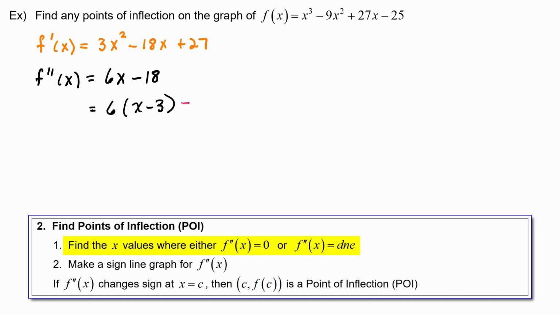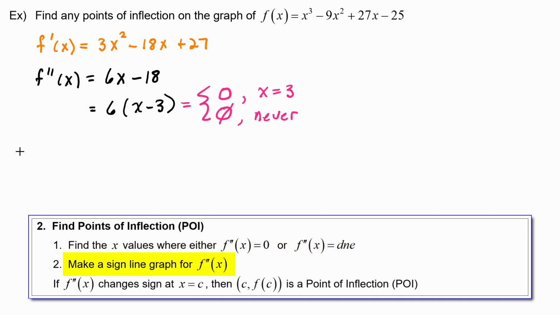We set that equal to 0 or does not exist. Since the second derivative is linear, we know it exists everywhere, so it's never going to have an x value where it doesn't exist. And it will equal 0 whenever the quantity x minus 3 is 0, and that happens at x equals 3.